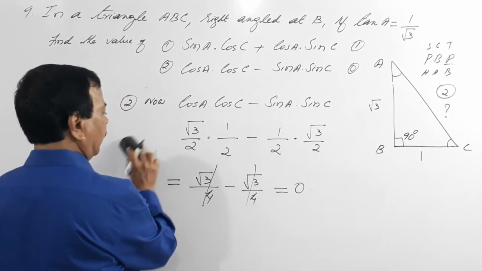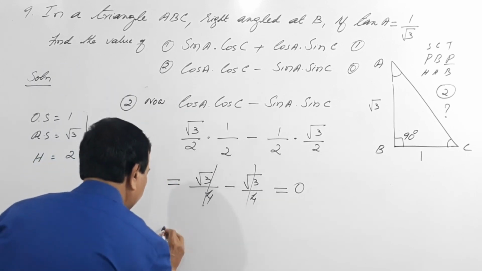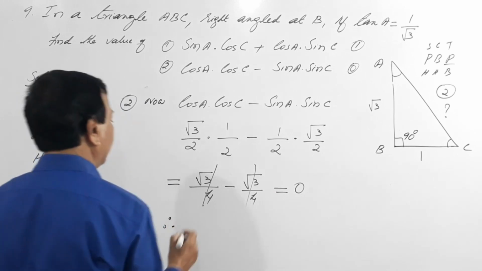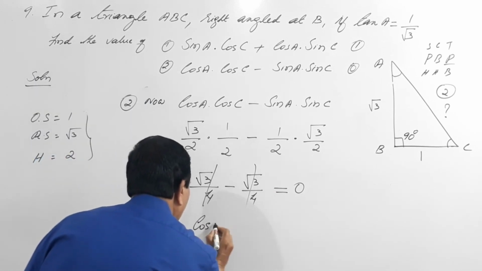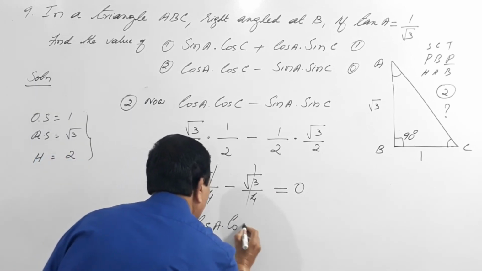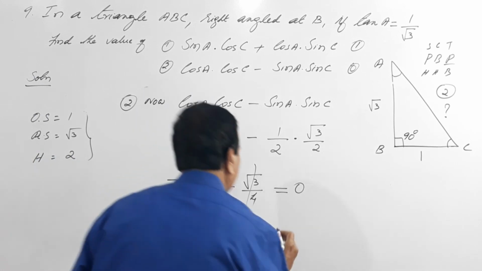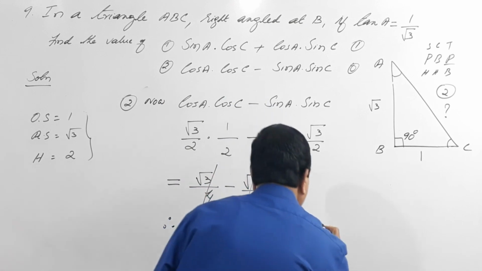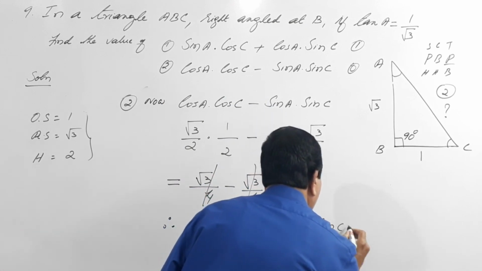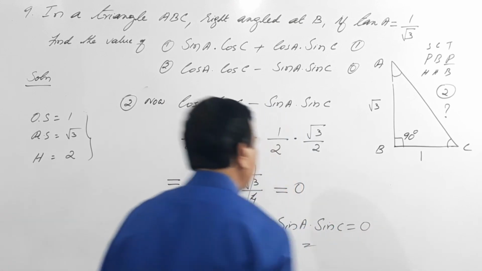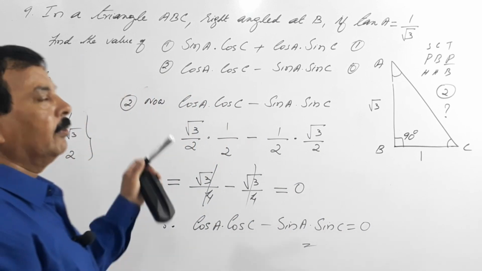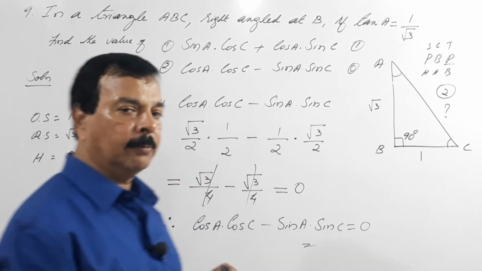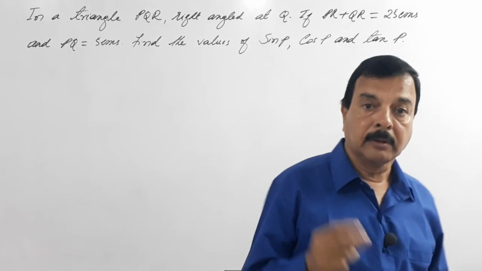Therefore cos A into cos C minus sin A into sin C equals 0. This is the answer. So I hope you have understood this problem. We will go for the next problem.